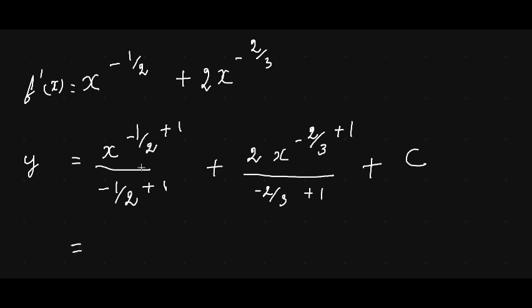And if we do that, it will be minus 1 plus 2 divided by 2. So minus 1 plus 2 is 1 by 2, right? So properly speaking, that is root of x, correct? Because x to the power of 1 by 2.